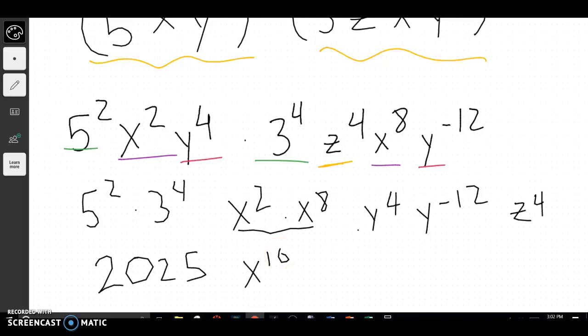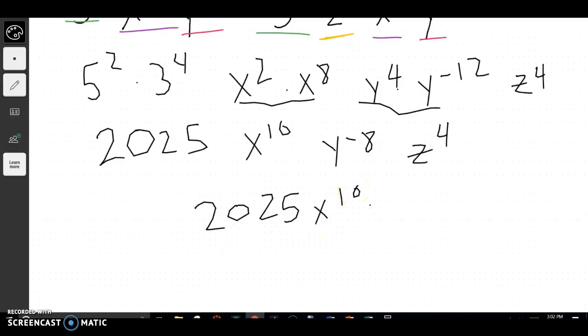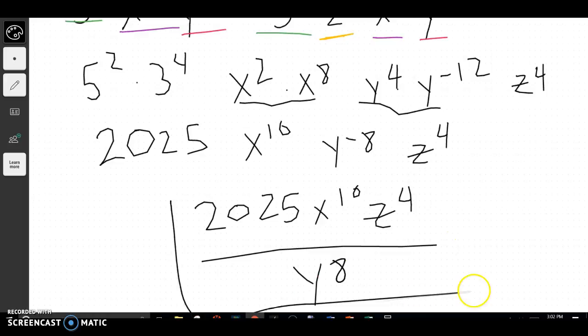It acts like addition. This would be y to the negative 8th, because 4 plus negative 12 would be negative 8, and z has nothing happening to it, so it's just z to the 4th. We could again rewrite this and get 2025 x to the 10th z to the 4th over y to the 8th.